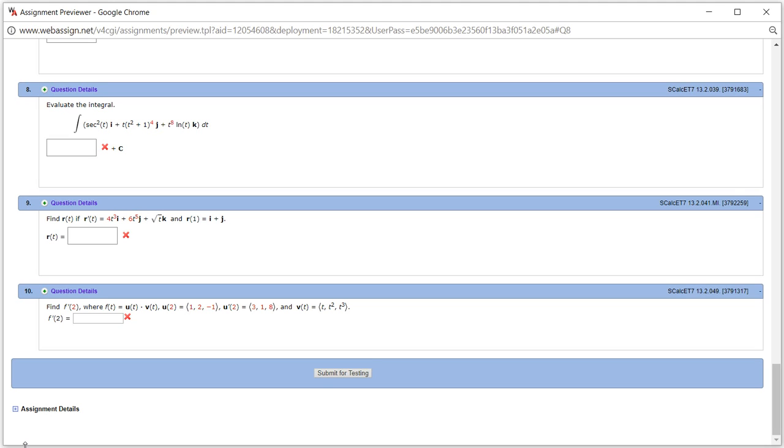All right, let's look at homework 13.2, problem number 8. So let's evaluate this integral here. The first component is the antiderivative of secant squared, so it's going to be simply tangent of t plus some constant, maybe I'll call it c1.